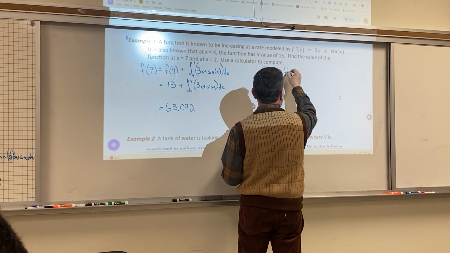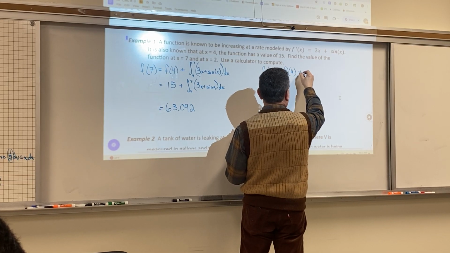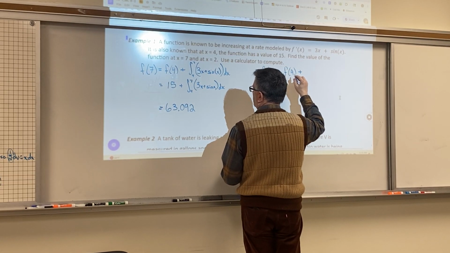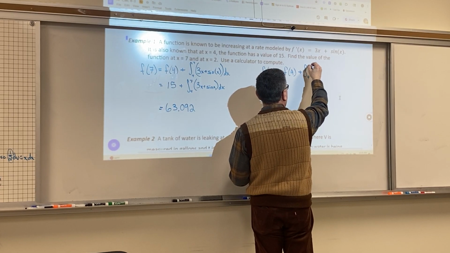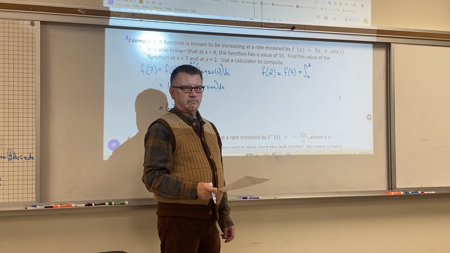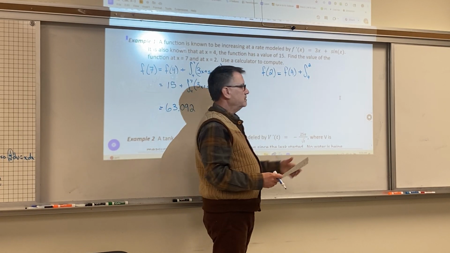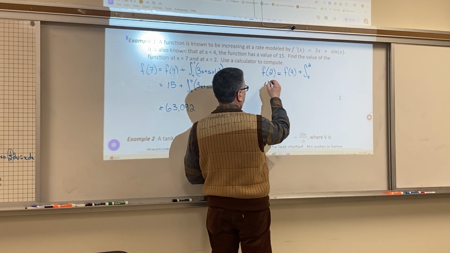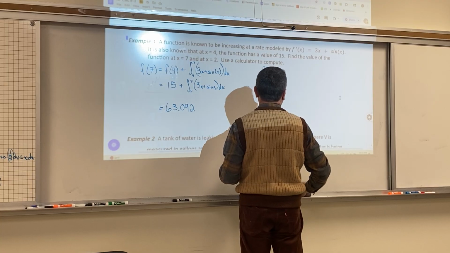I could do f of 4 plus, that would have to be the integral from 4 to 2. Right, because if we subtracted that, I would have had this. Now, let me do it this way.